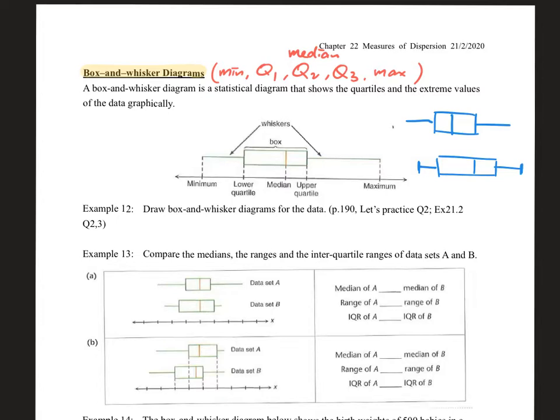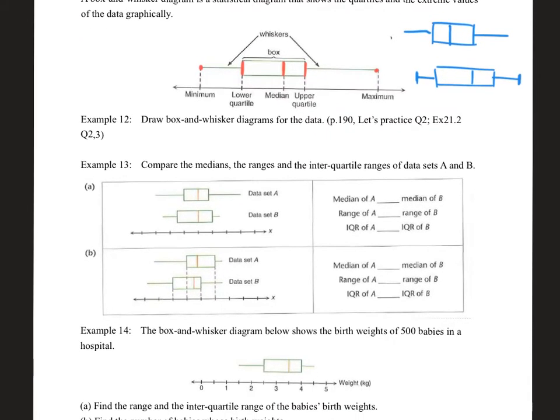In the diagram in the notes, the most left-hand side tells you the minimum, followed by the lower quartile, median, upper quartile, and at last the maximum value. Hopefully it's quite easy for you. Now you can take a look at example 13 to see whether you can grasp the idea very quickly.